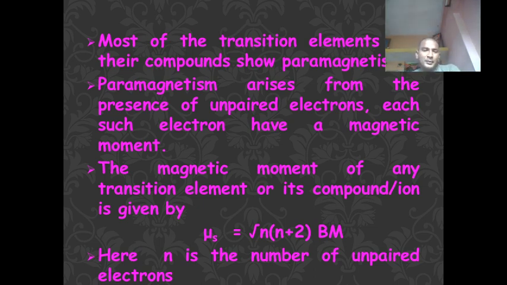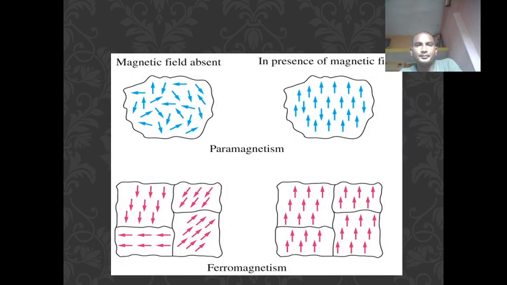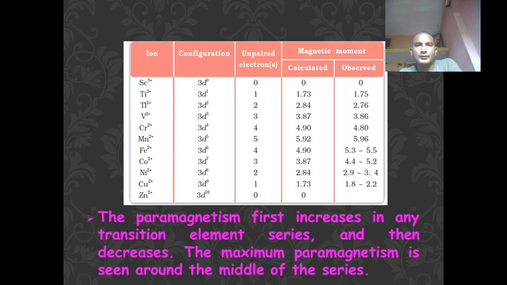These magnetic properties can be calculated using the spin only formula, which is mu s equal to square root of n(n+2) Bohr magneton, where n is the number of unpaired electrons. These are the calculated and observed values of magnetic moment of d block elements, especially 3d series elements.